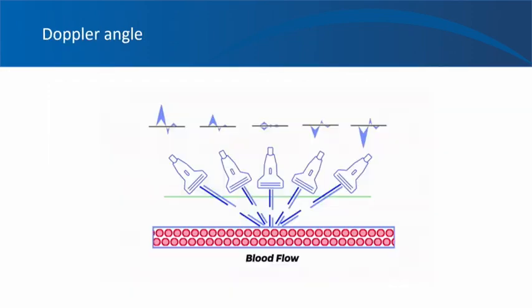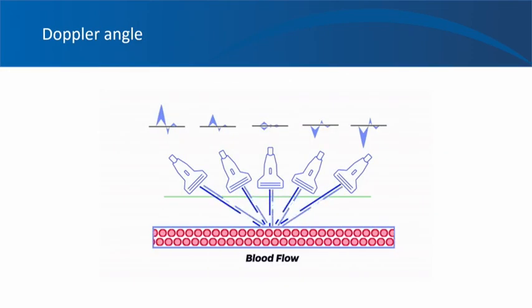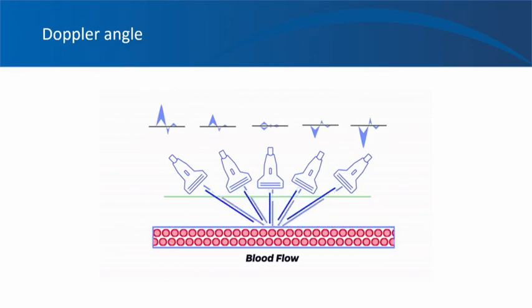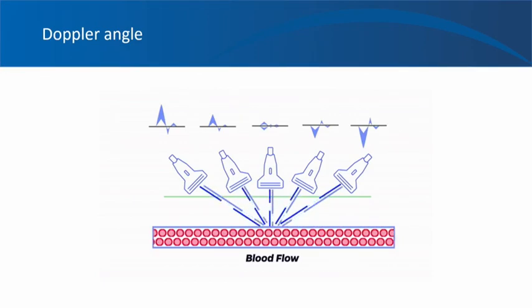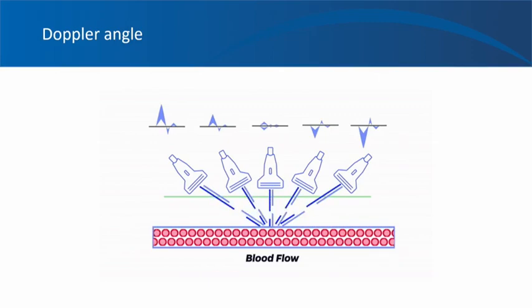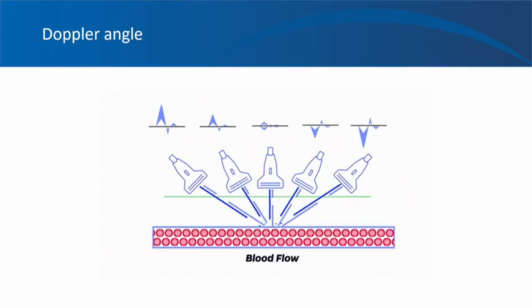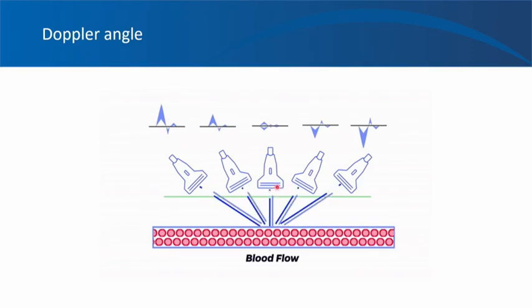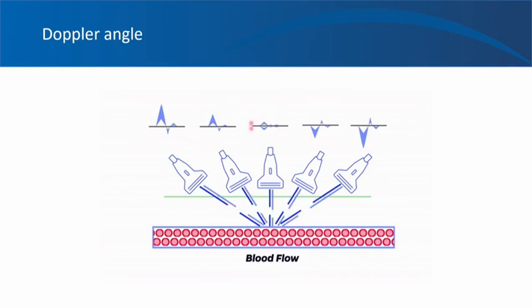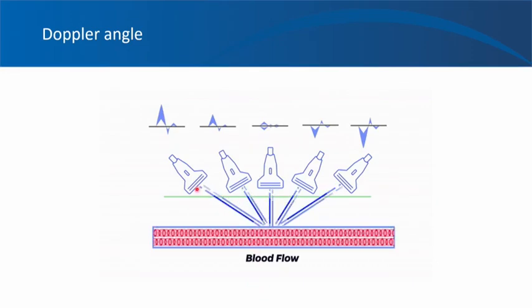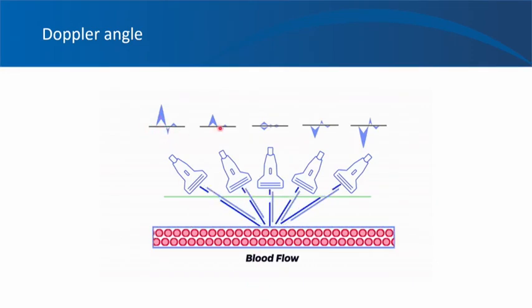the end diastolic velocity, which is the lowest point of this waveform. As we discussed, the angle between the ultrasound beam and the blood flow plays a key role in accurate depiction of the velocities. As the angle approaches 90 degrees, the detected Doppler shift becomes minimum. So when you have a probe at 90 degrees to the blood flow, you pretty much don't detect any Doppler flow. And when the angle is lower, you get good flows.